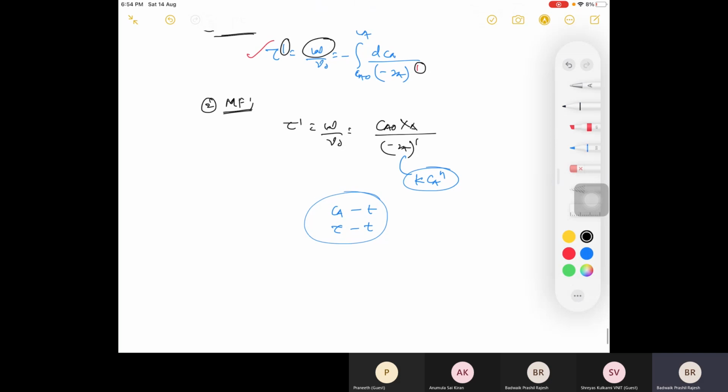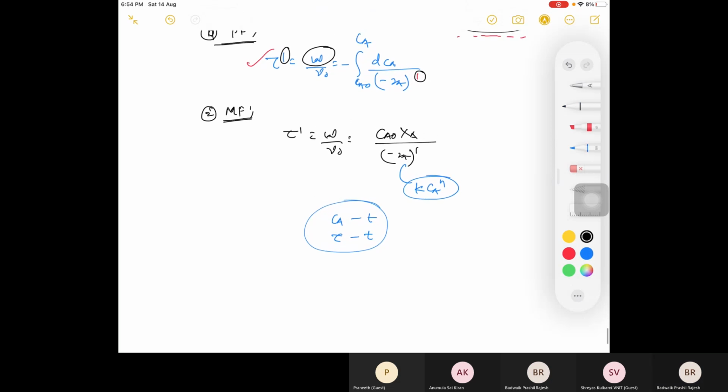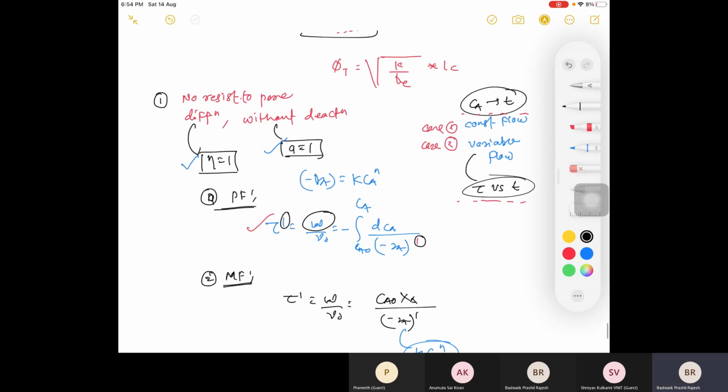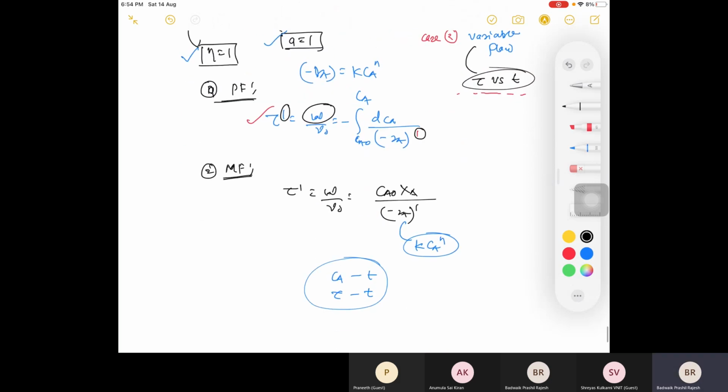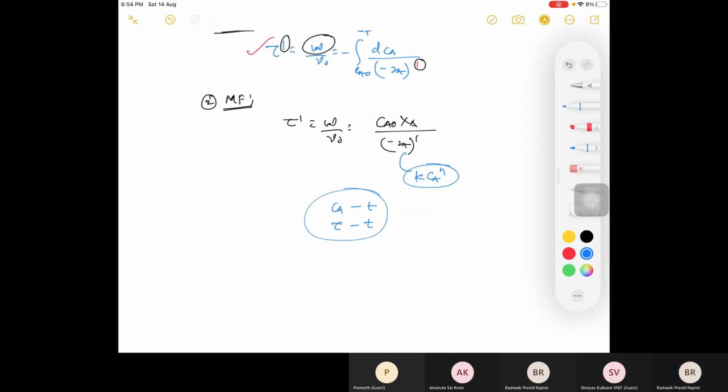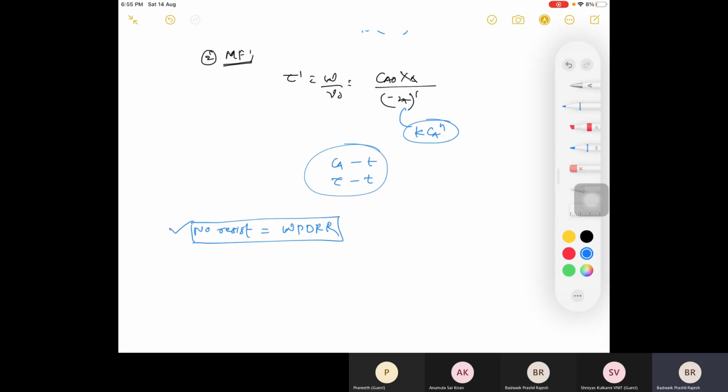So when I told you there is no resistance, you wrote effectiveness is equal to 1. What if instead of no resistance, I am writing weak pore diffusion resistance regime? Can I replace?